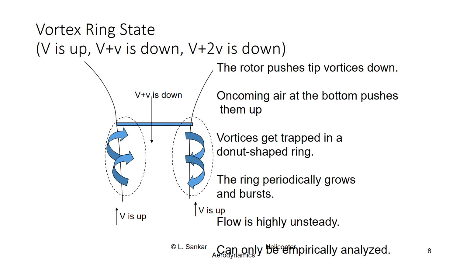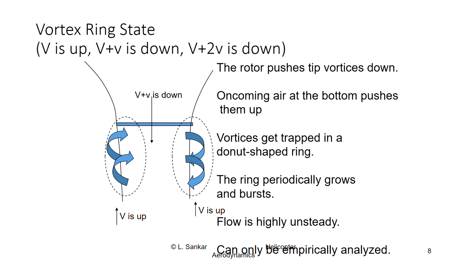So here is a vehicle slowly starting to descend. Not very rapidly, slowly starting to descend. Therefore, outside the stream tube that's flowing through the rotor, all the velocities are upwards. Capital V is up. But capital V is so small, capital V plus lowercase v is still positive, so it's pointing downwards.